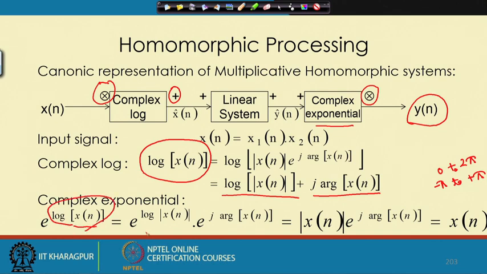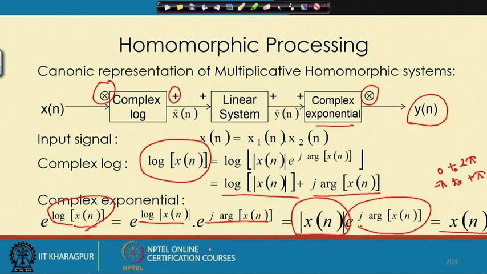We can write the complex log into two parts: the absolute value, and the real and imaginary parts. The first part gives the absolute value mod x, and the next gives the angle part of it, and together it gives us x n.